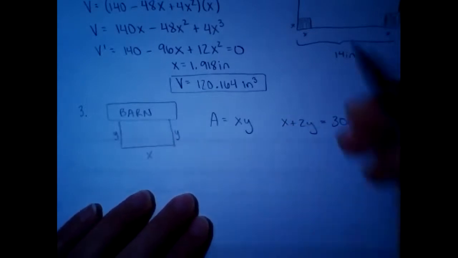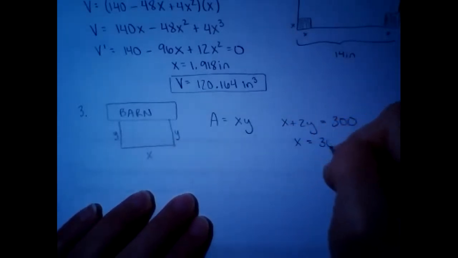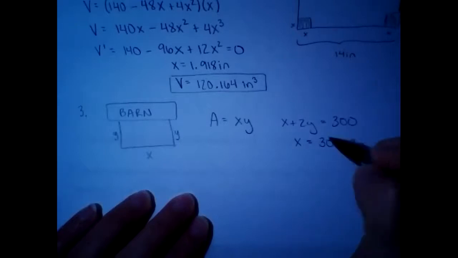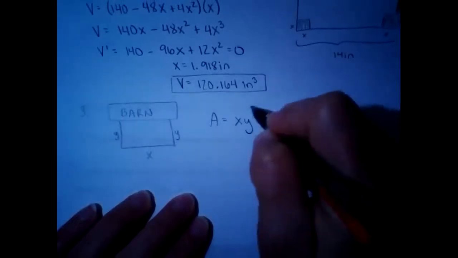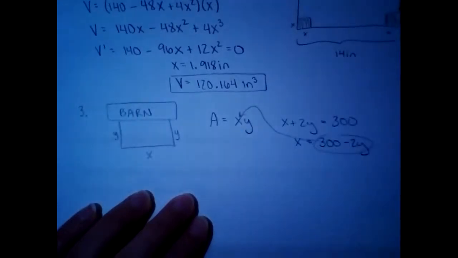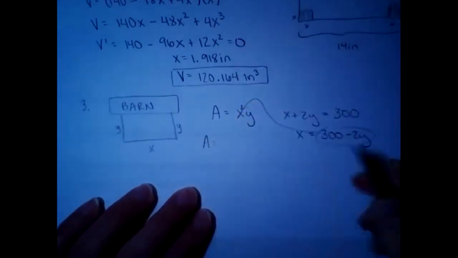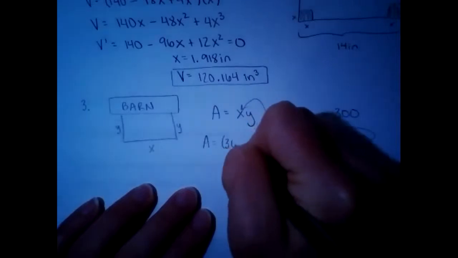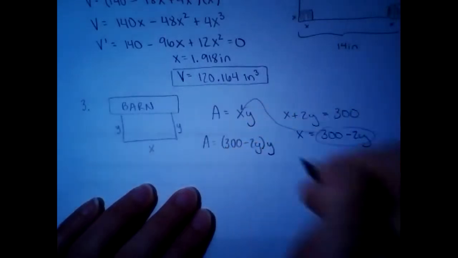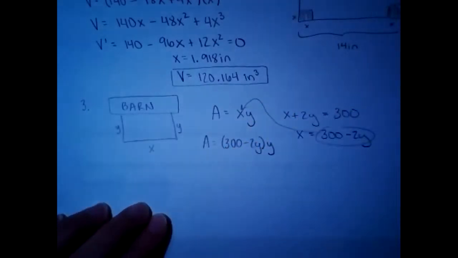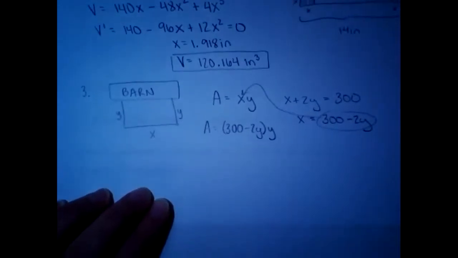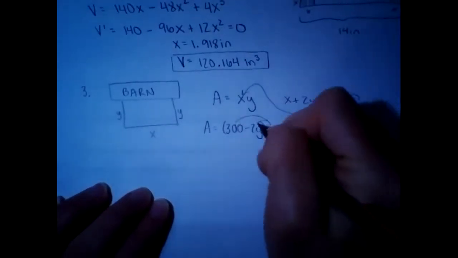So I'm going to subtract over the 2y, and then that gets plugged in for x. So this will be area equals 300 minus 2y times y. And then we're going to distribute the y through there.